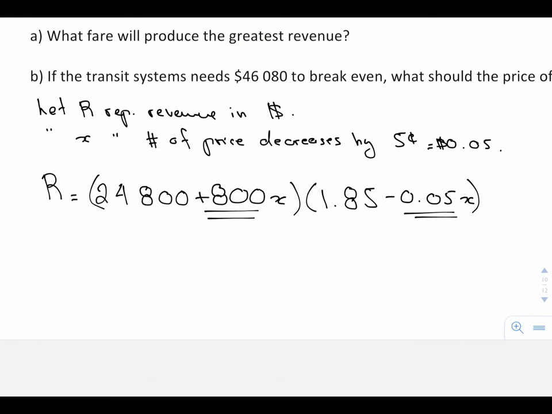This expression, when multiplied out, yields a quadratic that looks like this.